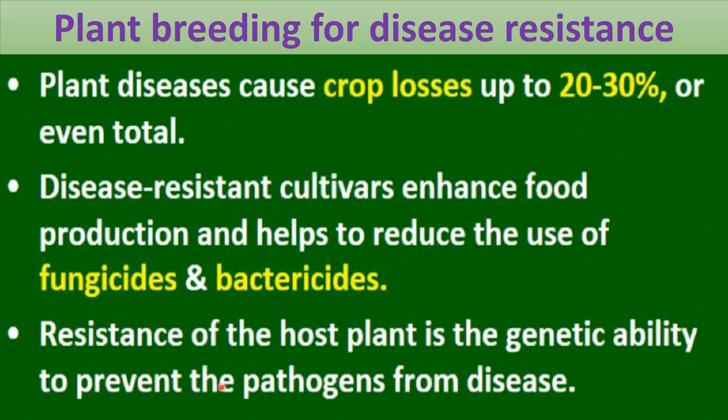Okay, so this resistance power is the genetic ability of the plant, and with the help of genetic ability, it can prevent the pathogen from causing the disease in that plant, right? Now how will this genetic ability come in a plant? Due to manipulation. Okay, how can that manipulation be done? By plant breeding, right? So by plant breeding, disease resistant power can also come in a plant, and that can be very useful.